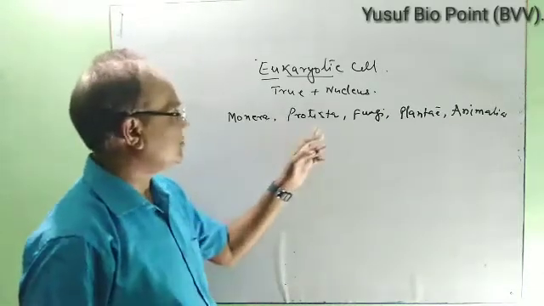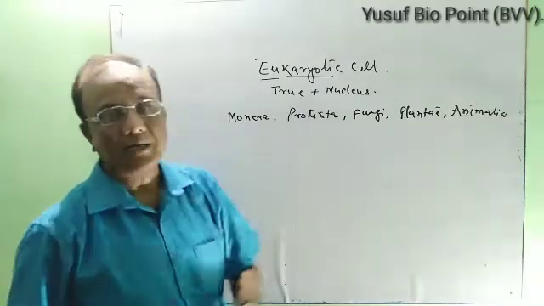These are Monera, Protista, Fungi, Plantae, and Animalia.